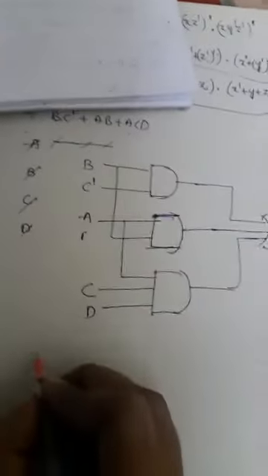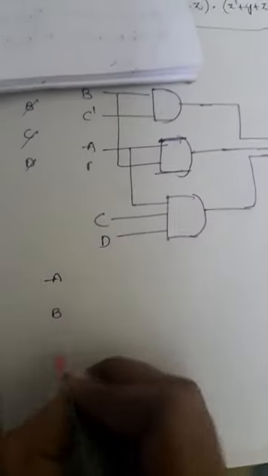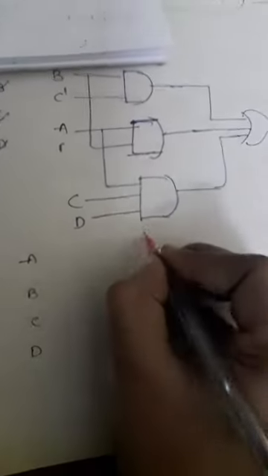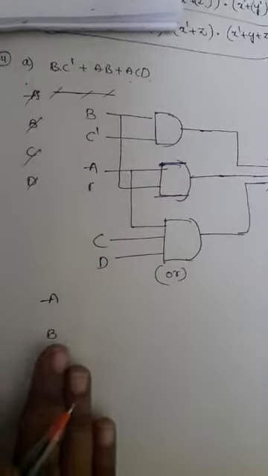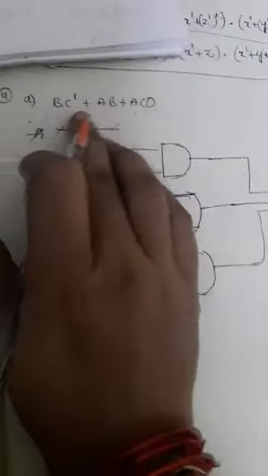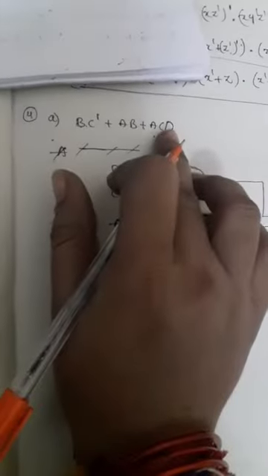Or otherwise we can draw it like this also. I can take all the variables directly. How many variables do you have? Just take A, B, C, D, four variables in total. For B there is no complement, for A we don't have a complement, and D also has no complement.